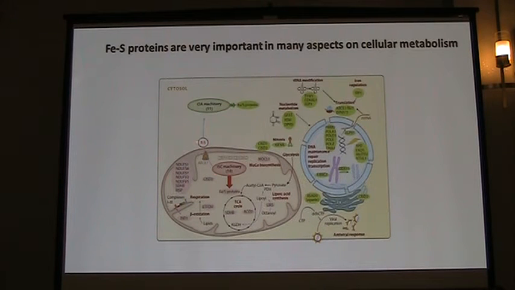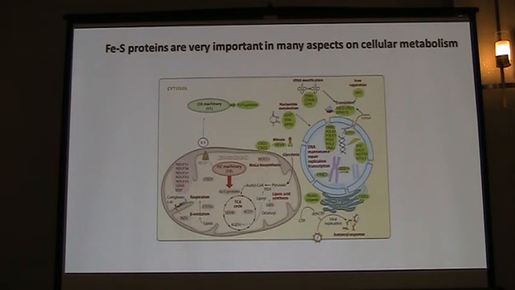Well, this is the cartoon of a cell, and here, highlighted in red and in green, are all different iron sulfur cluster proteins in the cell. You see how many iron sulfur cluster proteins are in the cells, and how many aspects of the cellular metabolism all these iron sulfur cluster proteins are involved with.